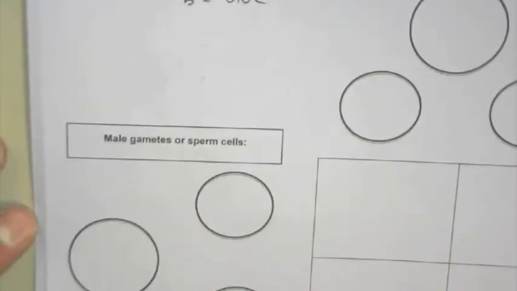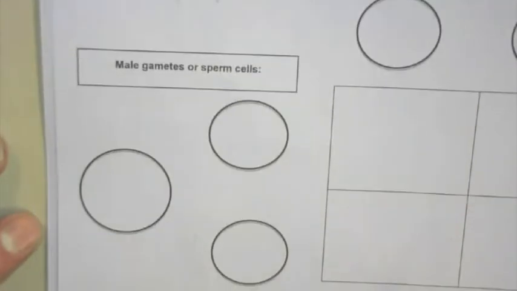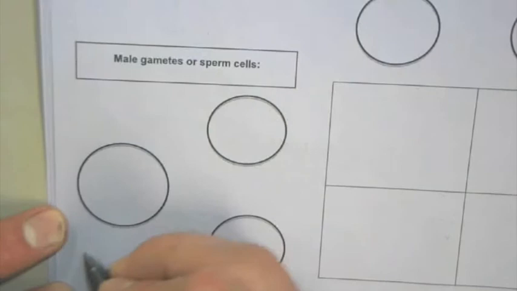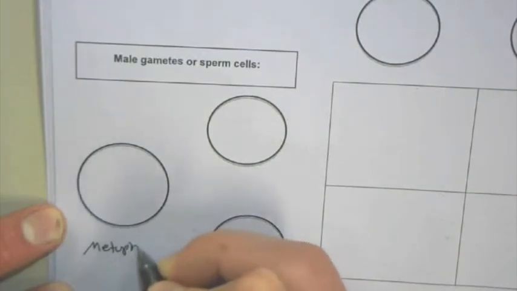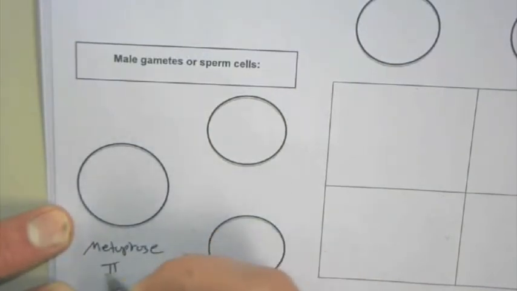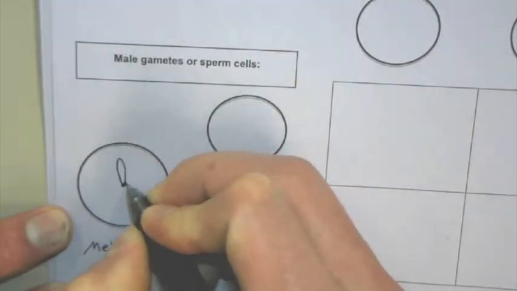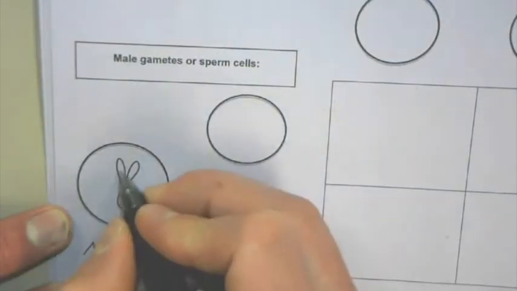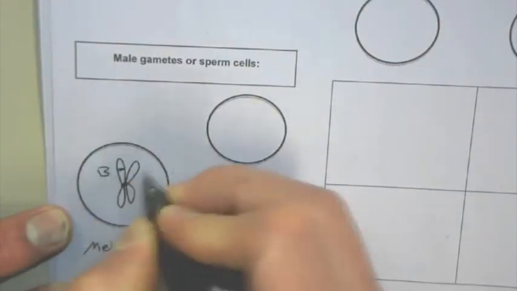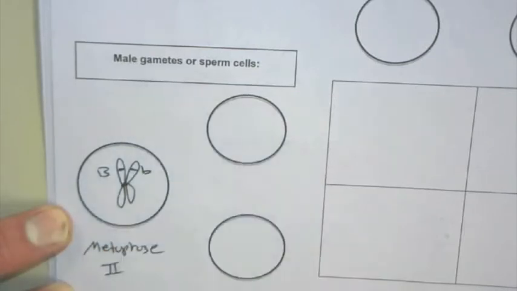Let's start with the male gametes, or the sperm cells, and let's start at metaphase 2 of meiosis. And so at metaphase 2, going back to our discussion on meiosis, we had a homologous chromosome like so, with a brown eye allele and a blue eye allele.